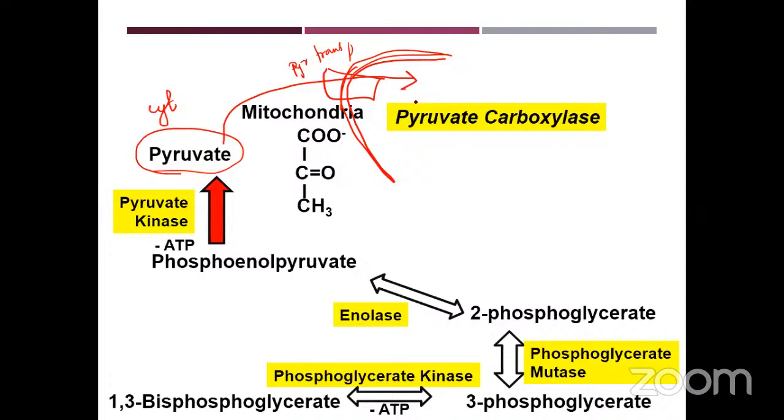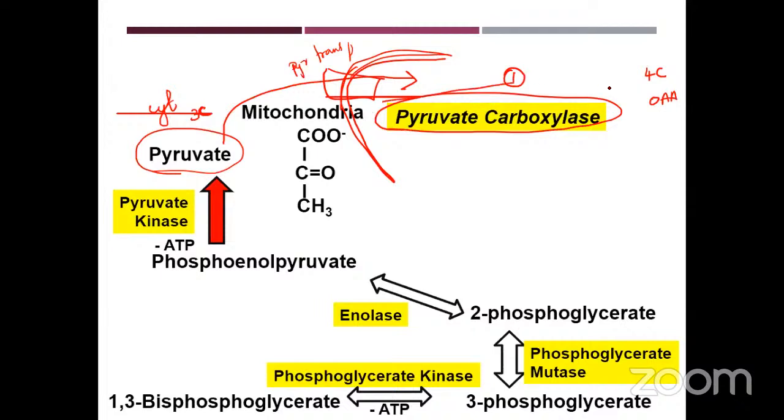The need for this is that the enzyme for the further conversion of pyruvate in gluconeogenesis is situated in the mitochondria. The first enzyme needed is pyruvate carboxylase. Pyruvate is a 3-carbon compound that has to be converted to a 4-carbon compound, oxaloacetic acid.